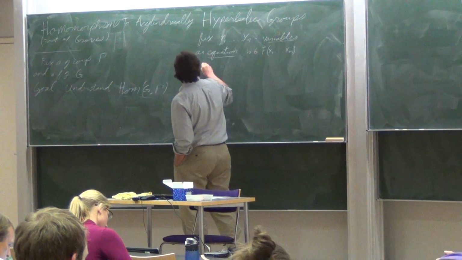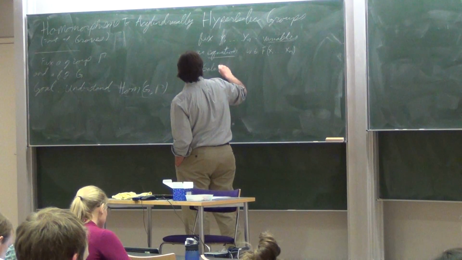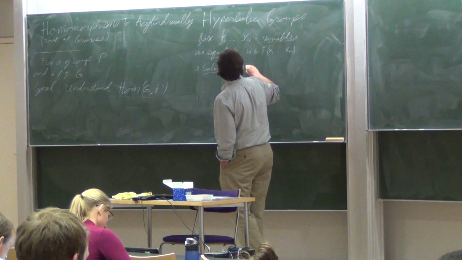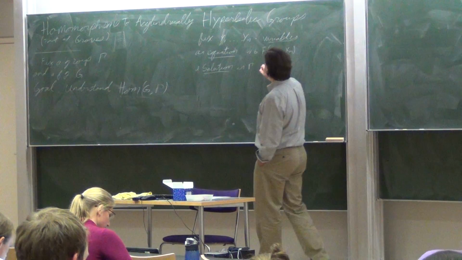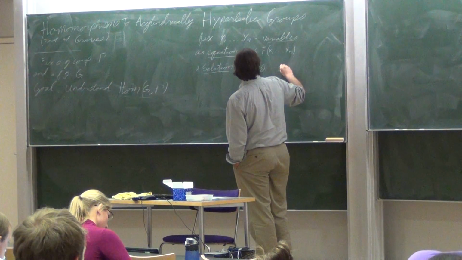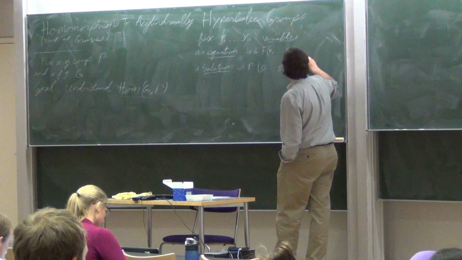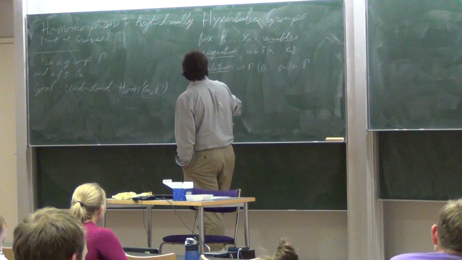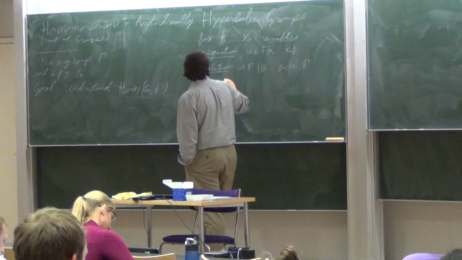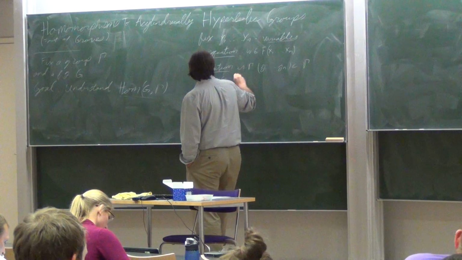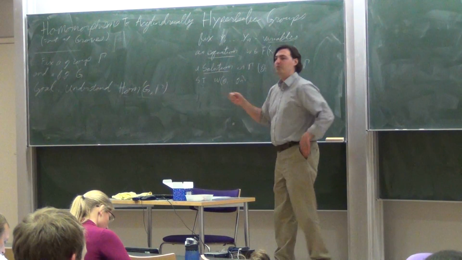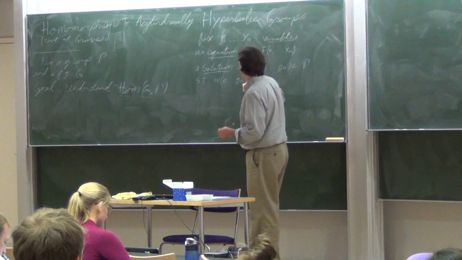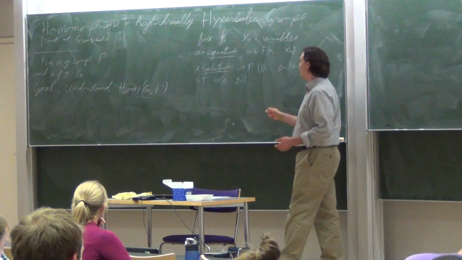And a solution to this equation in my favorite group gamma is going to be just a tuple of elements of gamma such that if I take W, and what I mean here is every time you see an xi in W, you replace it with gi, and then you evaluate this, you get some element of the group gamma.